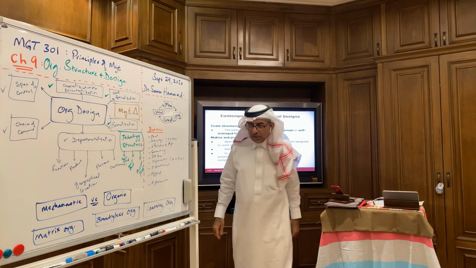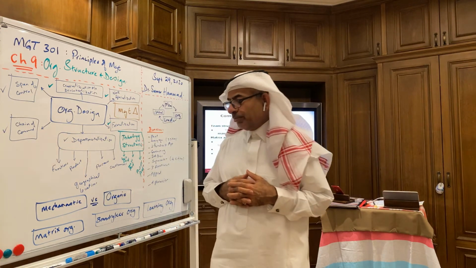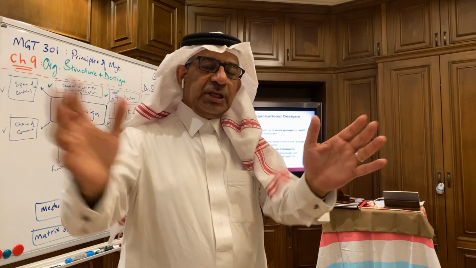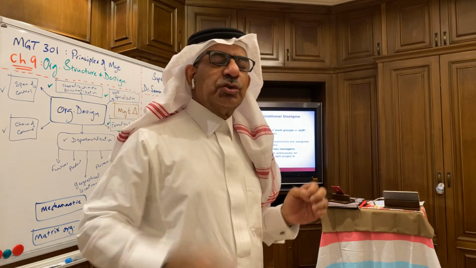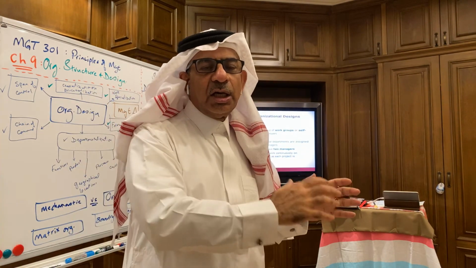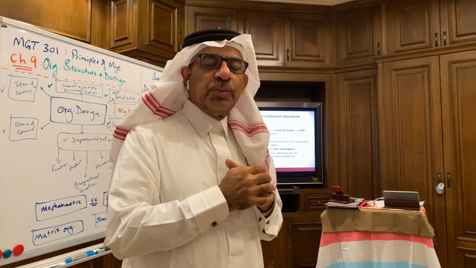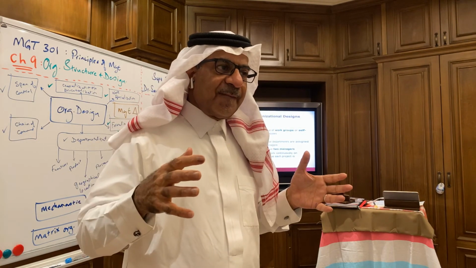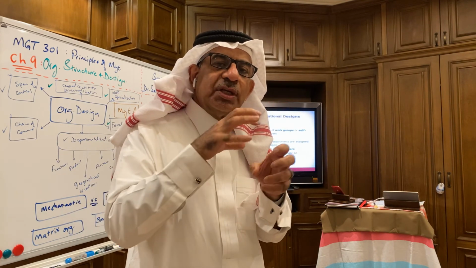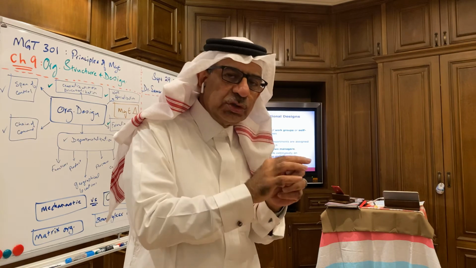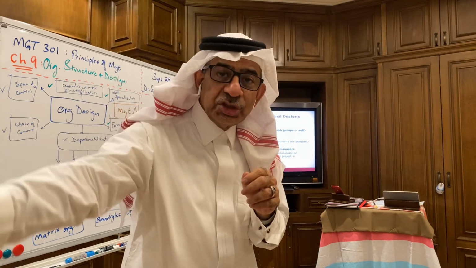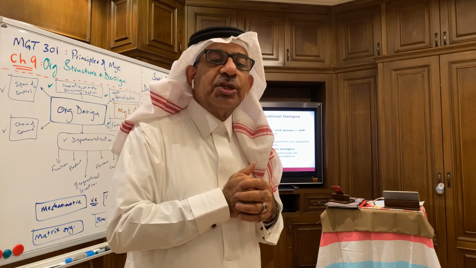Let me give you an example of a matrix organization, like Stanford University and the Stanford Research Institute, or like KFUPM and the Research Institute at KFUPM. At KFUPM, they have 300 scientists working at the Research Institute full-time to do applied research, while they also teach in different departments within the university.